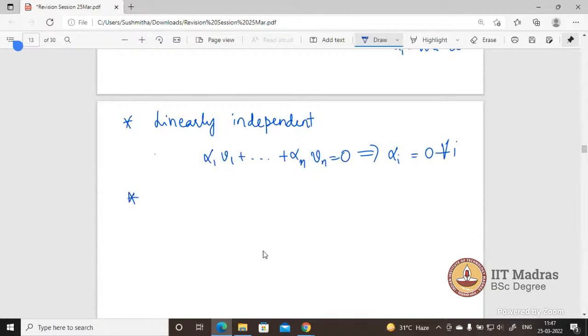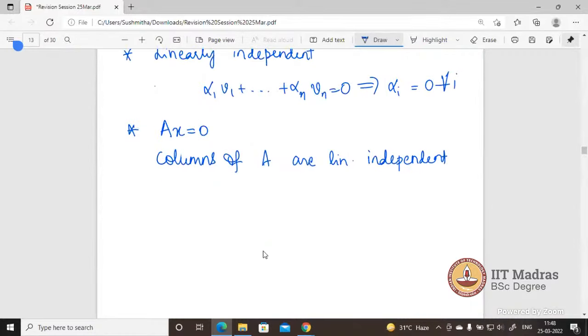So what is the relationship between linear dependence, linear independence, and solutions of Ax equal to 0? If the columns of A are linearly independent, it means you will get a pivot everywhere.